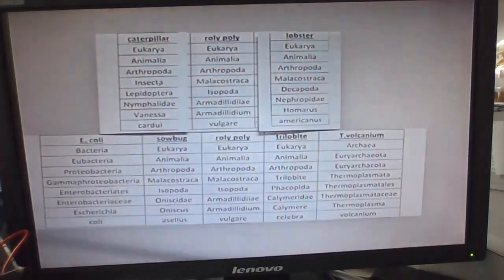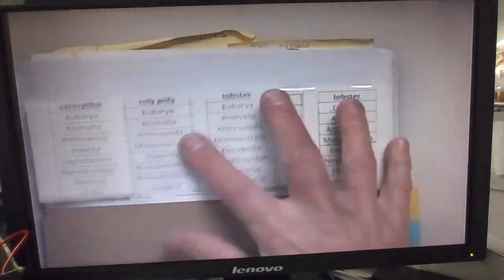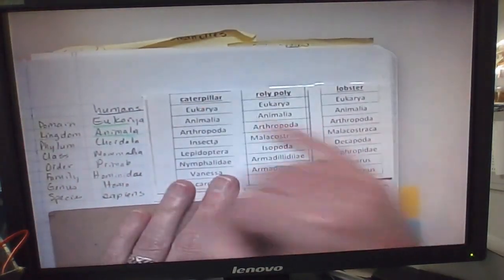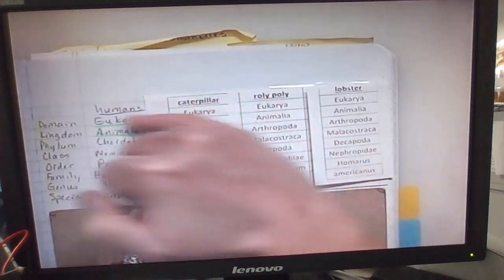So, now put your pencils down for just a minute because I want you to listen for just a second. Now I'm on the right-hand side of my comp book. On the right-hand side of my comp book, I'm going to put my little insert so that it lines up.